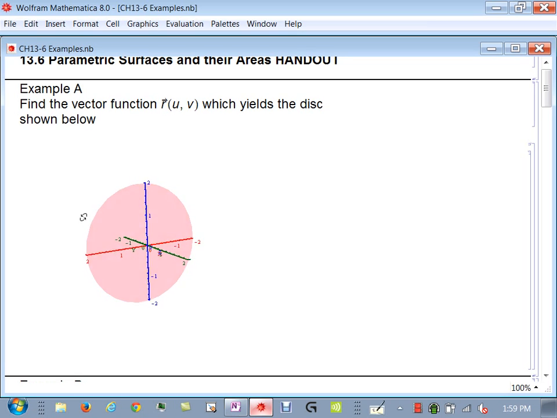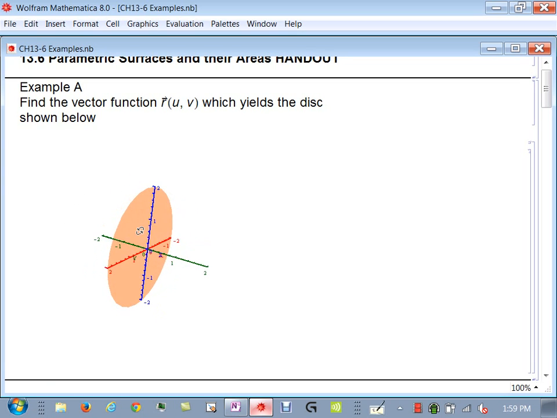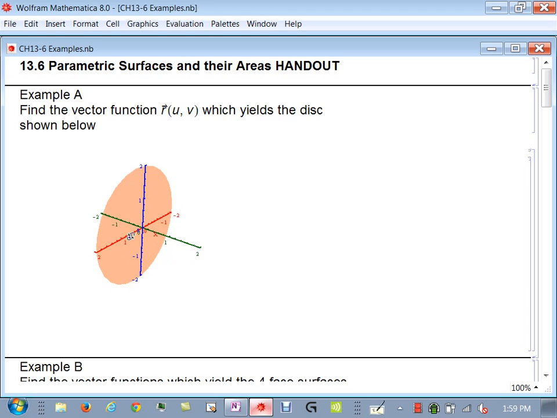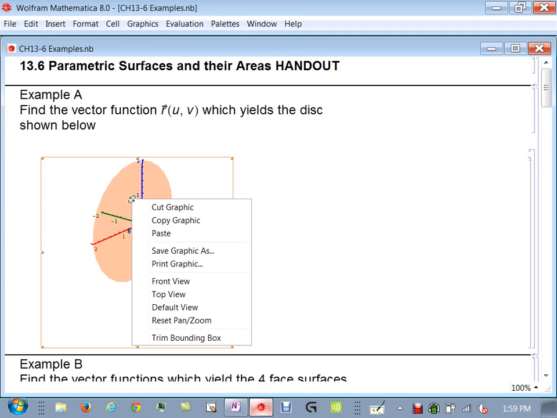Can you tell what the radius of this is? 2. And it's everything inside this thing, right? So let's try and come up with the vector function.